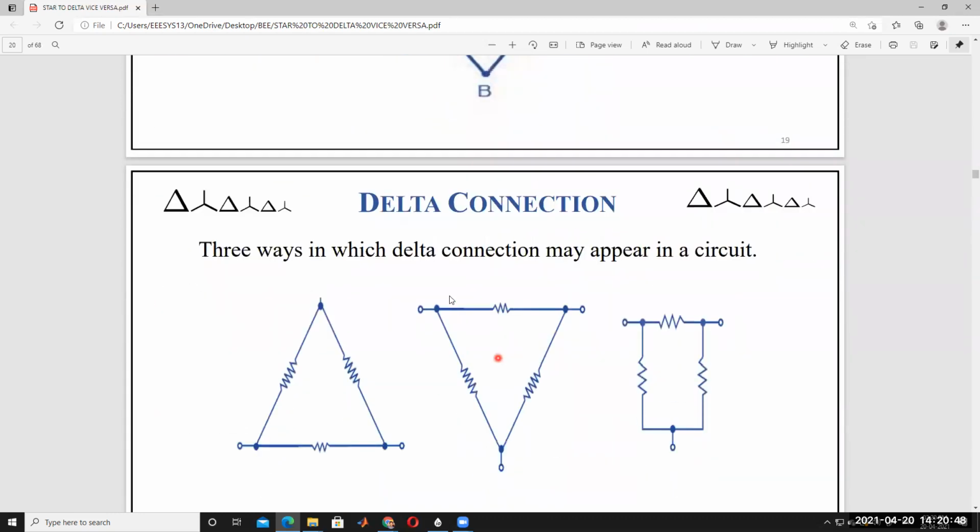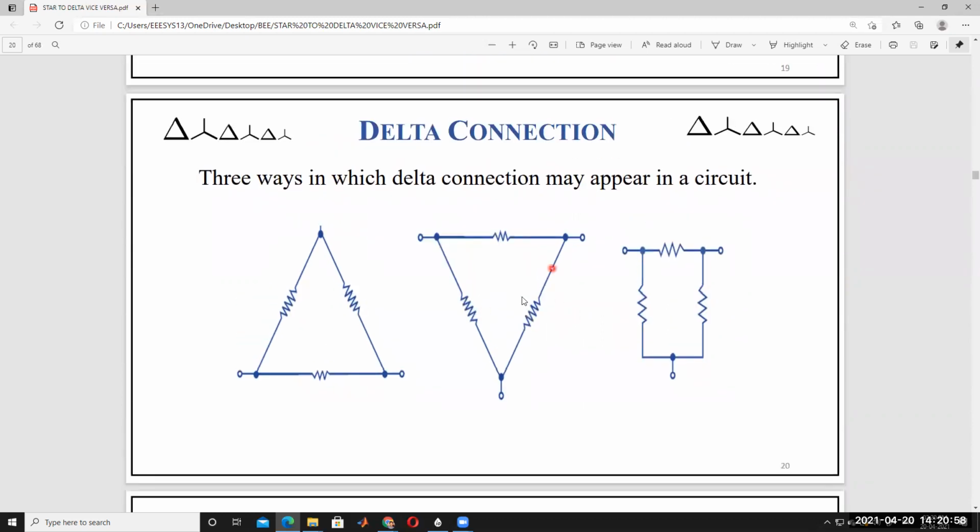Next, the delta connection. Delta connection also has three ways in which it may appear in circuits, the same as the star connection.